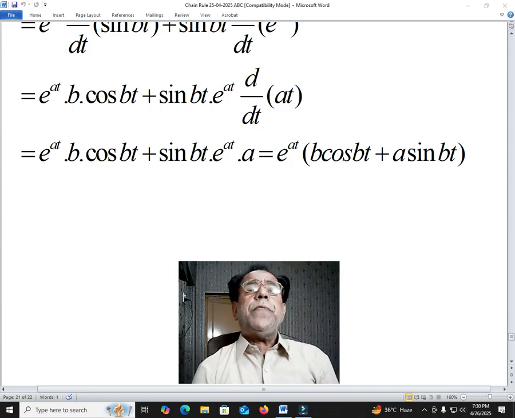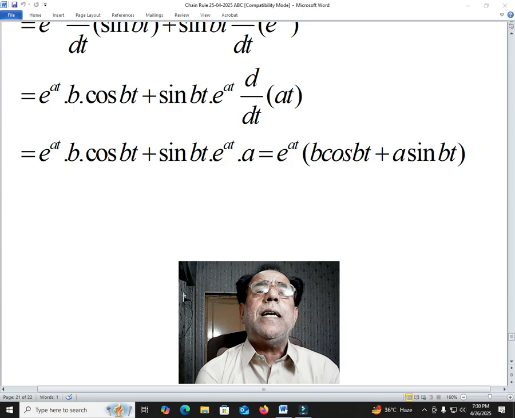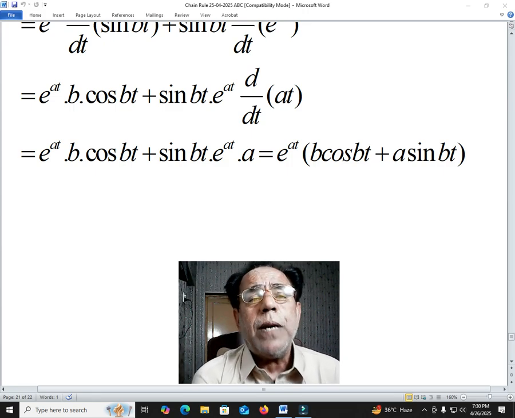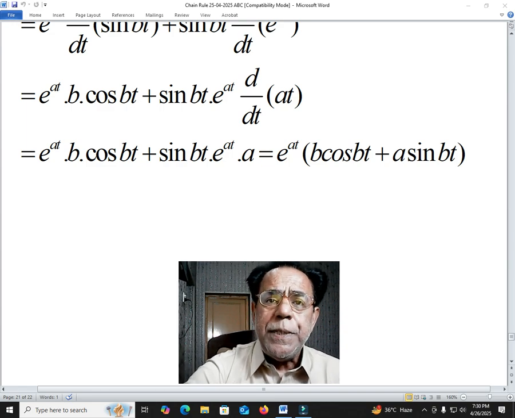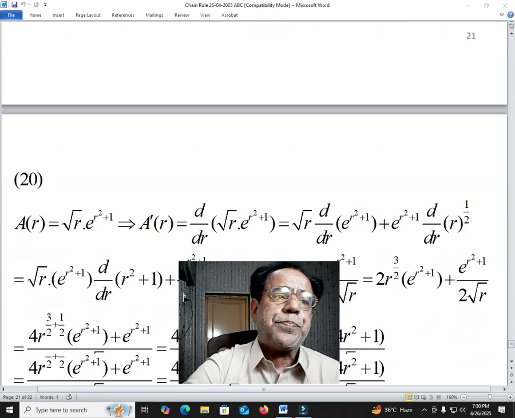Because differentiation of at with respect to t will give result a, our answer finally becomes e raised to power at into (b cos(bt) plus a sin(bt)).